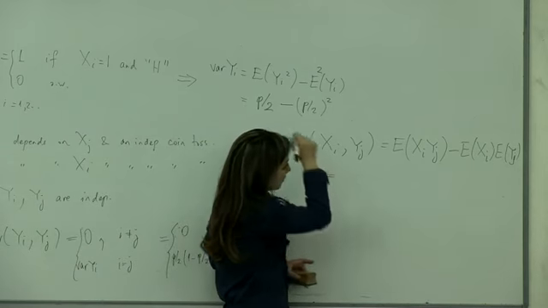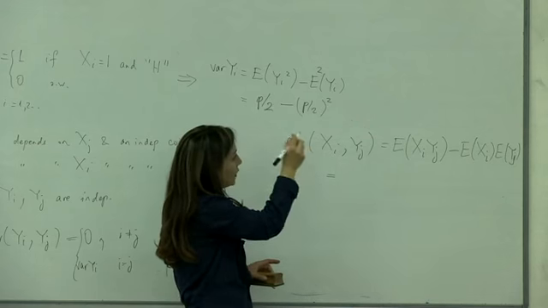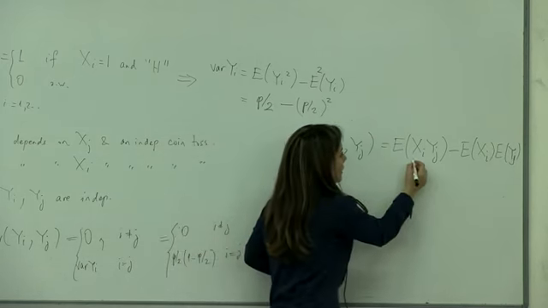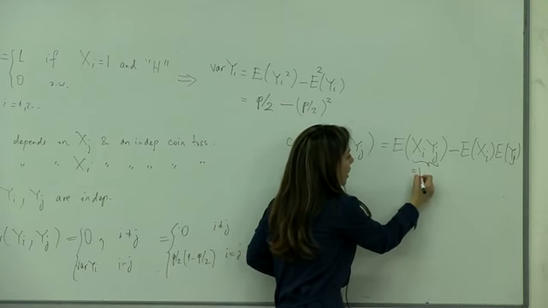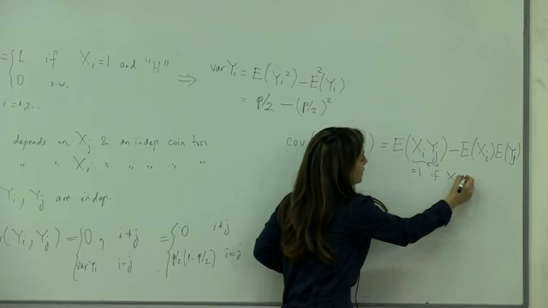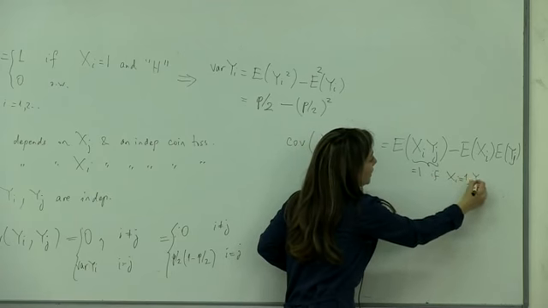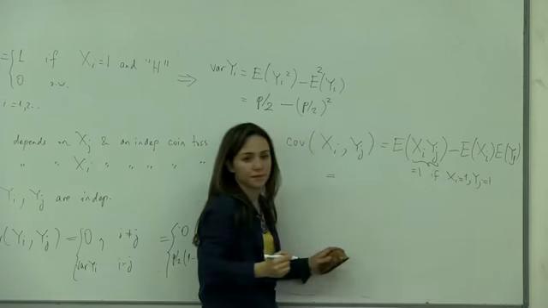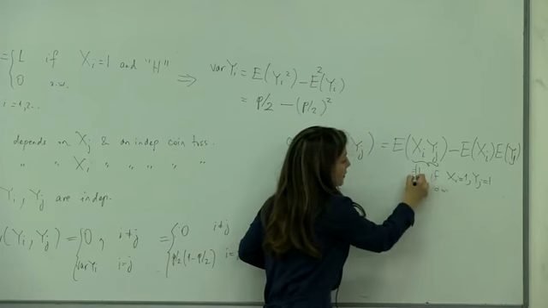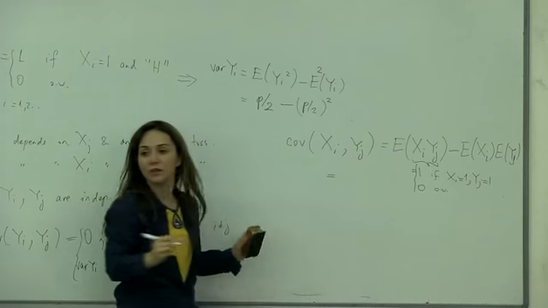Let's write here: x sub i times y sub j is equal to 1 if both xi is 1 and yj is 1, and it's 0 in all other cases.